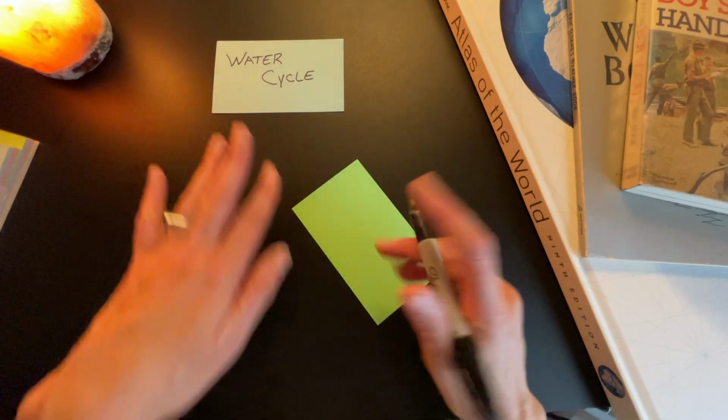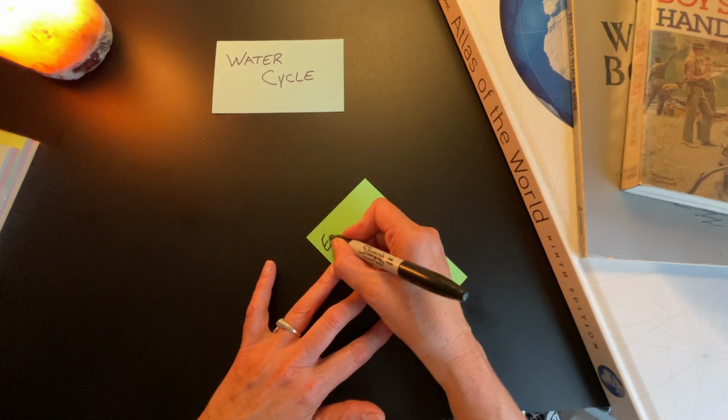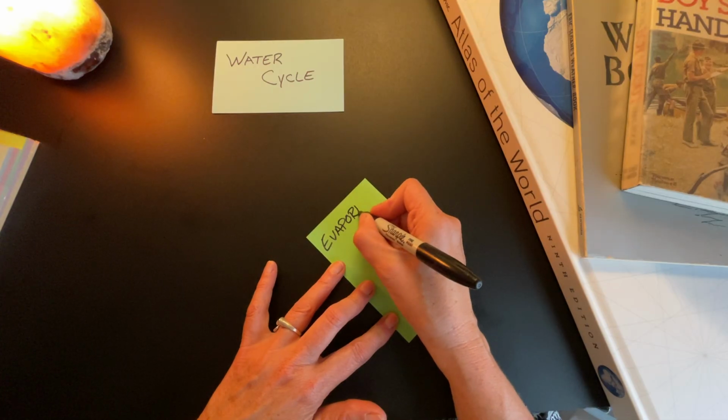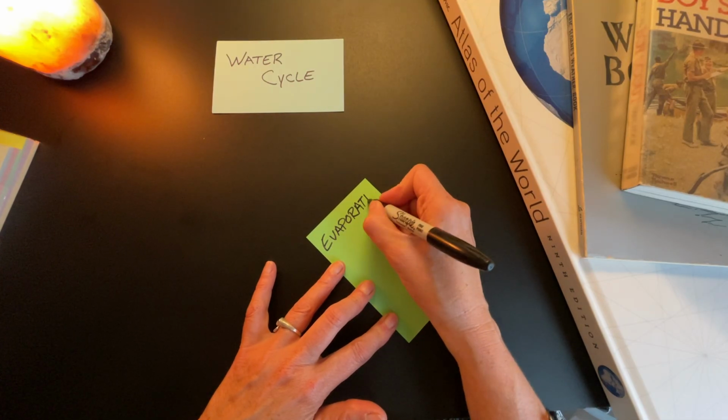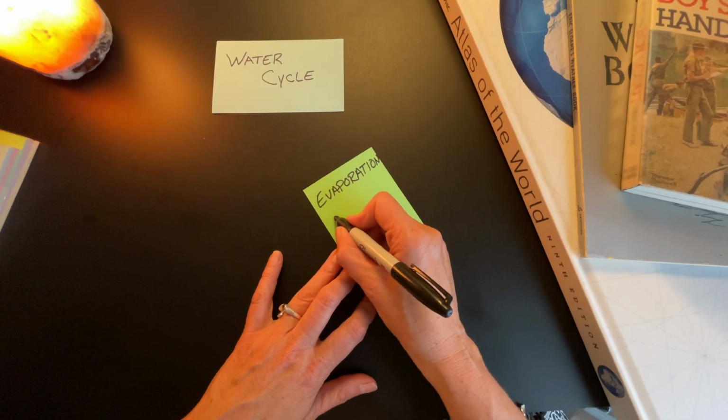So the water cycle consists of evaporation. Am I gonna have room? Just a minute. Condensation.